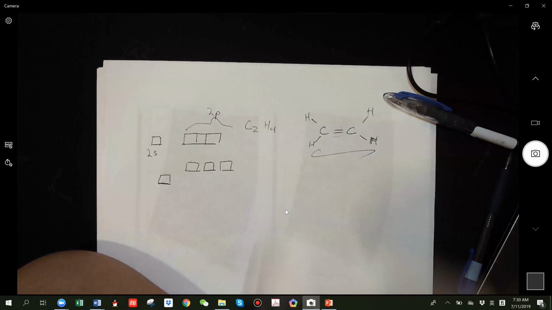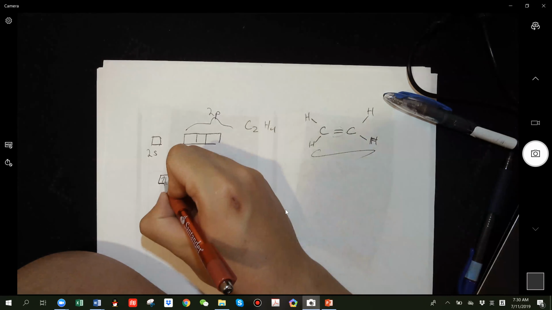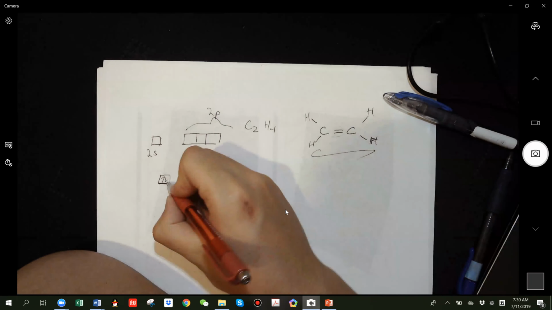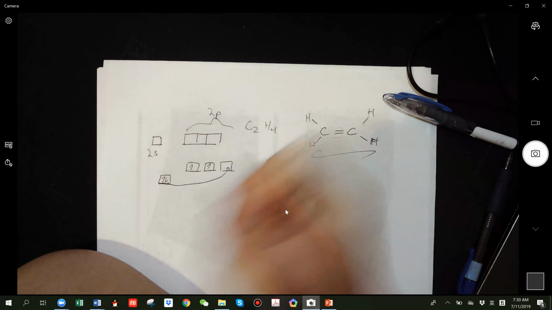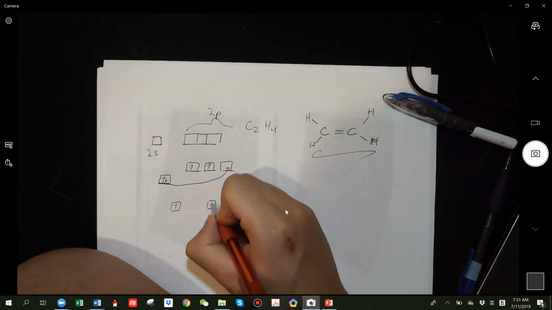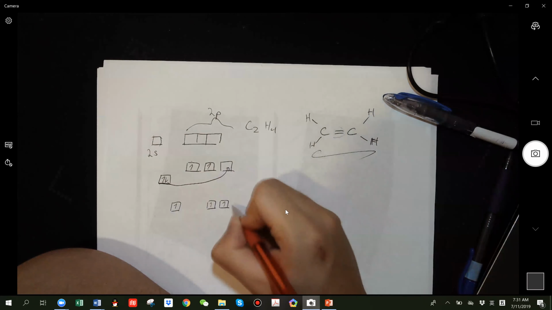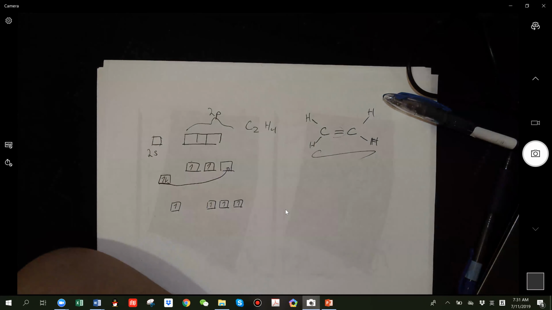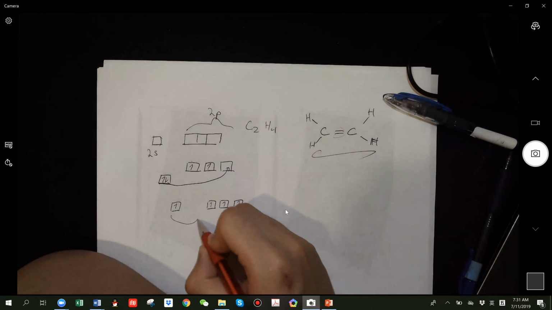So for carbon at least, we can draw it like this. We just move this electron to here, so we get this. This is just one way of visualizing. I don't know how well it works for you guys.